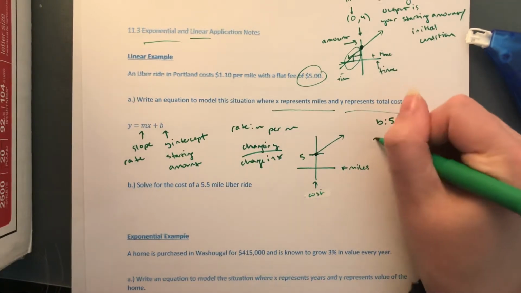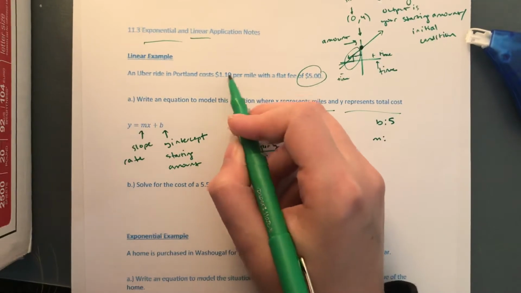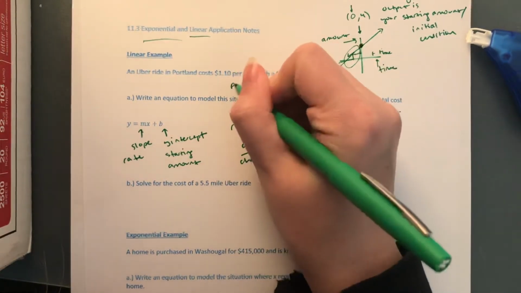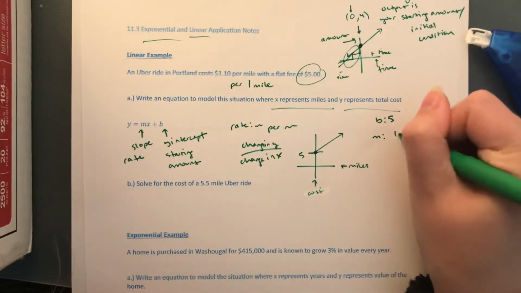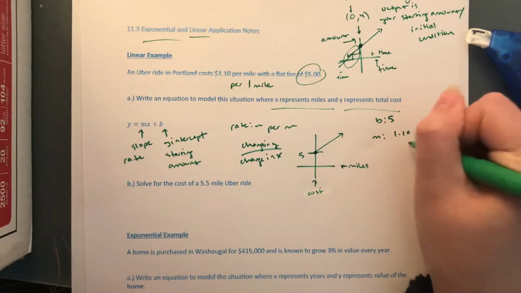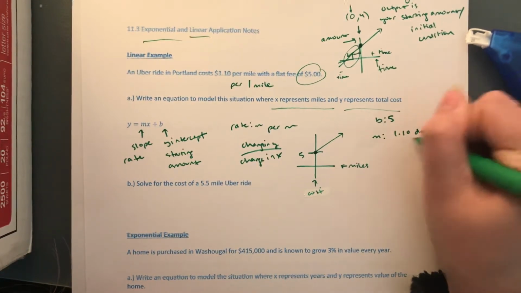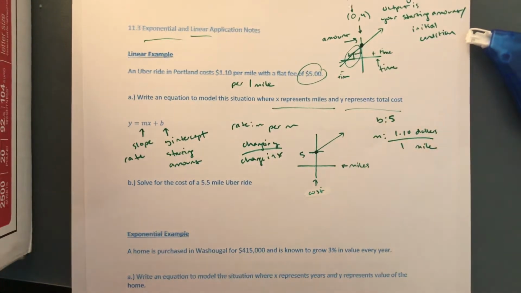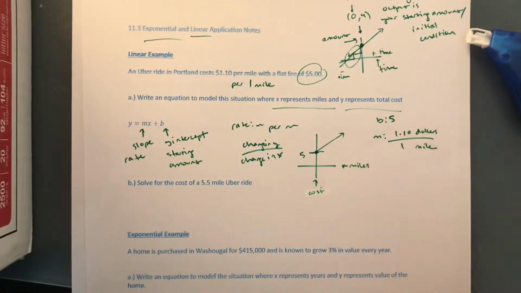Then your slope: up here it says $1.10 per mile. So that's per 1 mile, and your slope is $1.10 over 1 mile. The reason your slope is the rate that's given is that slope is rise over run.